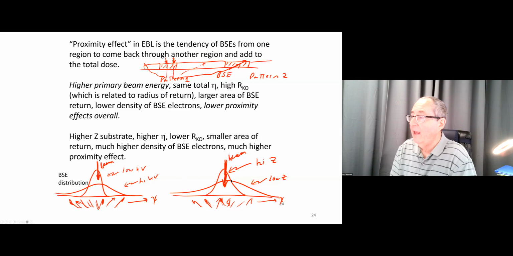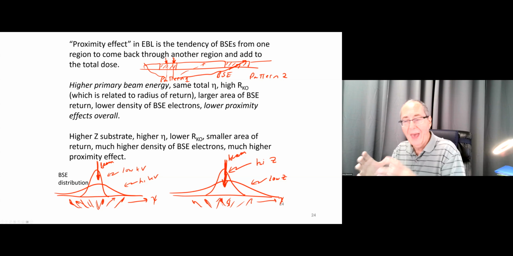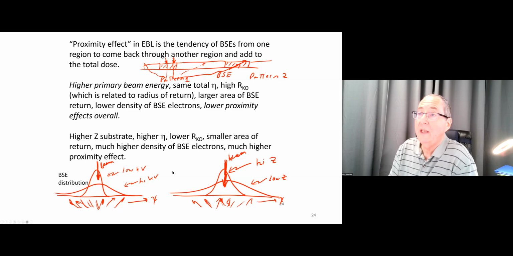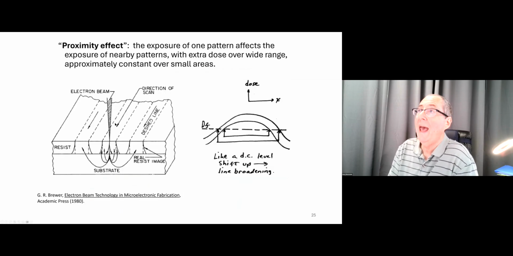Now, if you want to compare the atomic number of the substrate, for high atomic number, the electrons are more crowded in the vicinity of the beam, and that will make even a smaller pattern region be more affected by these proximity effects than the low Z, which is spread out over a very wide distance. So on silicon, you might be okay with 100 kV, depending on the size of your pattern, or not. You just have to look at your pattern and see what happens.